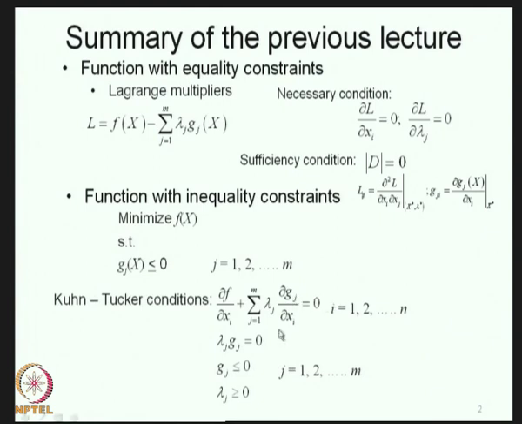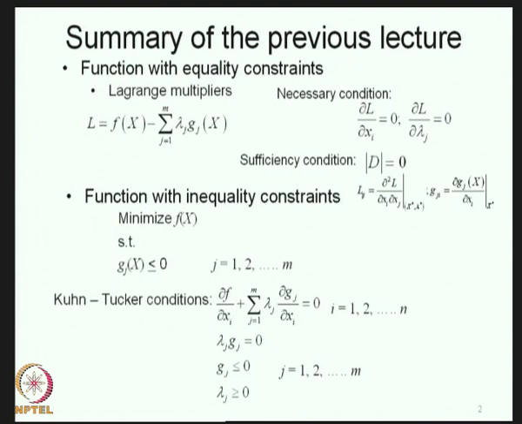Then examine whether the solutions that you obtain satisfy the two conditions, gj less than or equal to 0, which are the original constraints, and lambda j greater than or equal to 0. So, we use the last two conditions to examine whether the solutions obtained from the first two conditions in fact satisfy them. This is the way we apply the Kuhn-Tucker conditions.